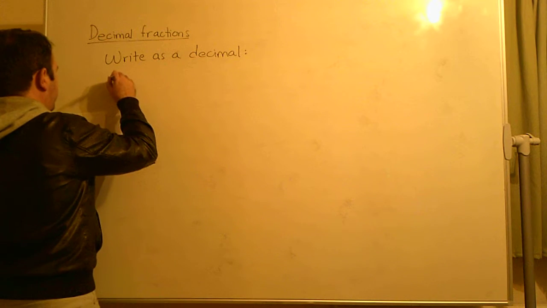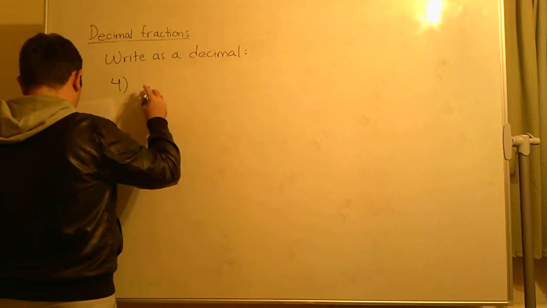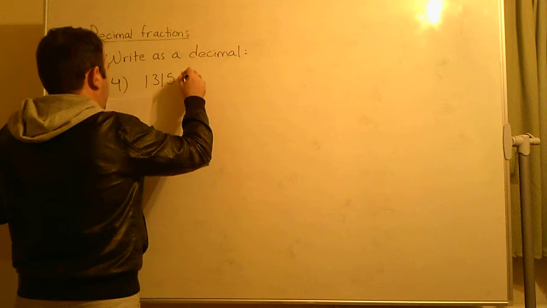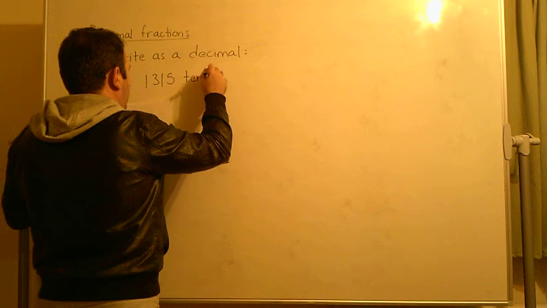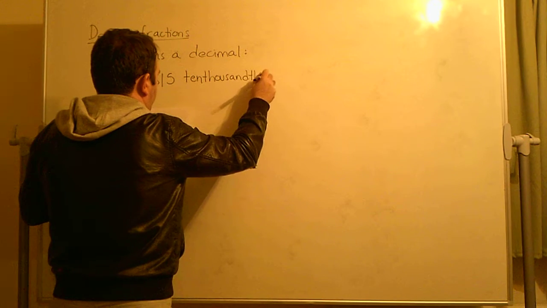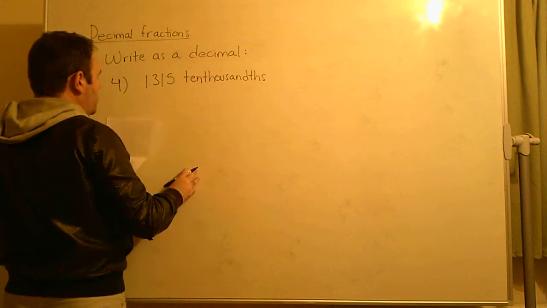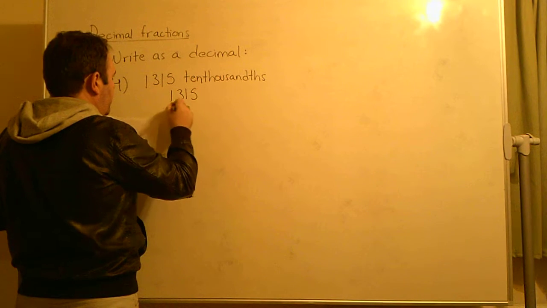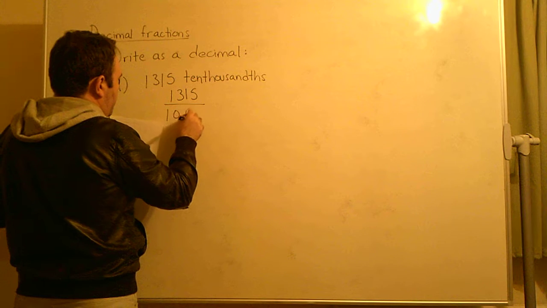Another example. 1,315 divided by 10,000. So we need to write down 1,315 divided by 10,000.